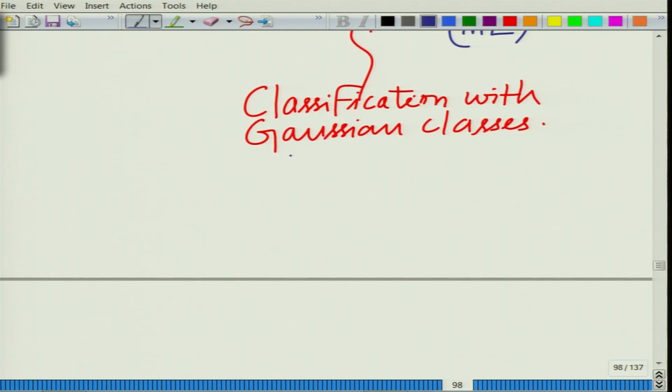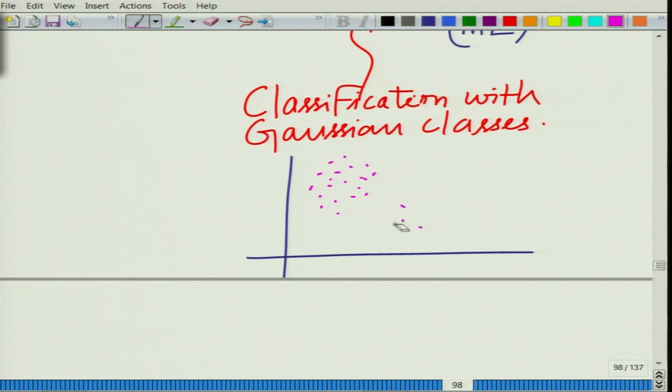You have data belonging to two classes. So, you have class A and you have another set of data belonging to another class, and of course, there can also be some sparse overlap, because these are after all Gaussians.